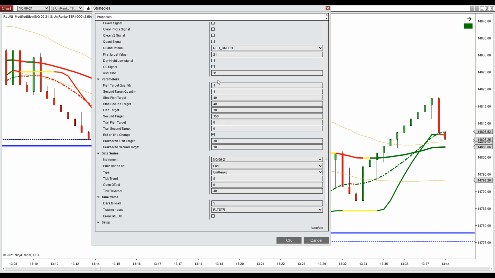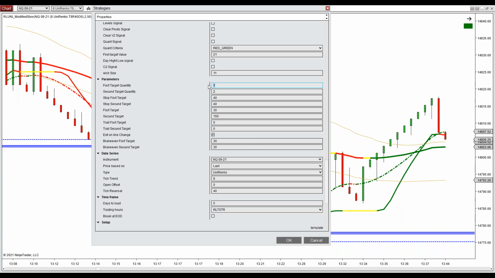Here's your ATM. First target, remember I told you, looking for 30 and 150. Now let's say you want to trade 2 contracts and take nothing out at the first target. Just hit 0 and move that to 2.